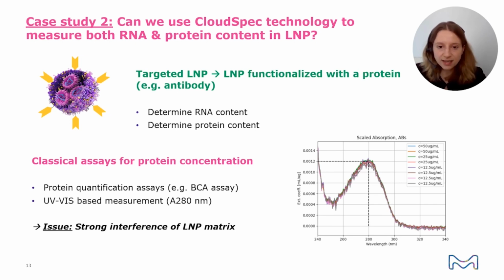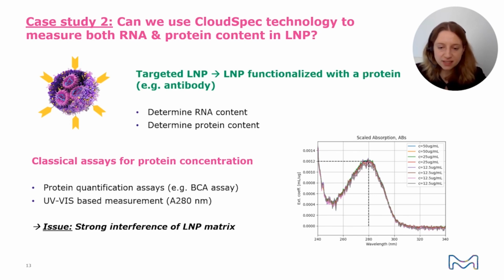So in that second case study, we wanted to investigate on one side if the antibody on the LNP surface is having an impact on the RNA quantification. And in the second set of experiments, we also wanted to quantify the antibody within that formulation. Because the typical assays that are used in the field for quantification of antibodies are typical protein quantification assays, such as the BCA assay, or you can also do some UV-Vis-based measurements at 280 nanometer.